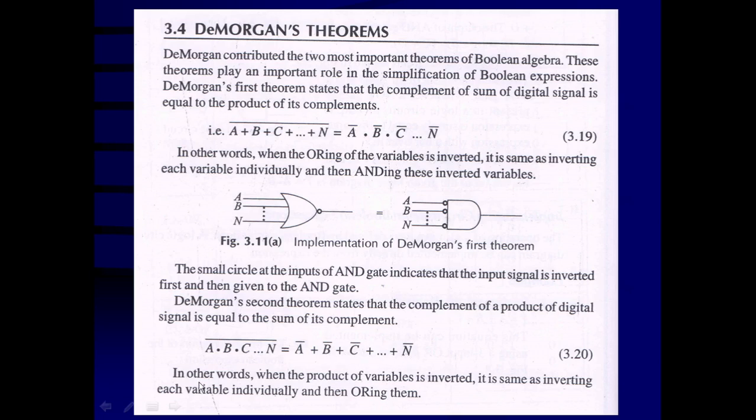In other words, when the product of the variables is inverted, it is the same as inverting each variable individually and then ORing them. This NAND gate is equivalent to the bubbled OR gate. Inputs are inverted and then given to the input of the OR gate.